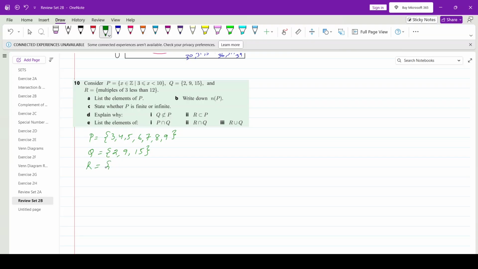R is a set containing multiples of 3 less than 12. Therefore, 3, 6, and 9. List the elements of P. We have done it. Write down the number of elements in P. So the number of elements in P is going to be 7.